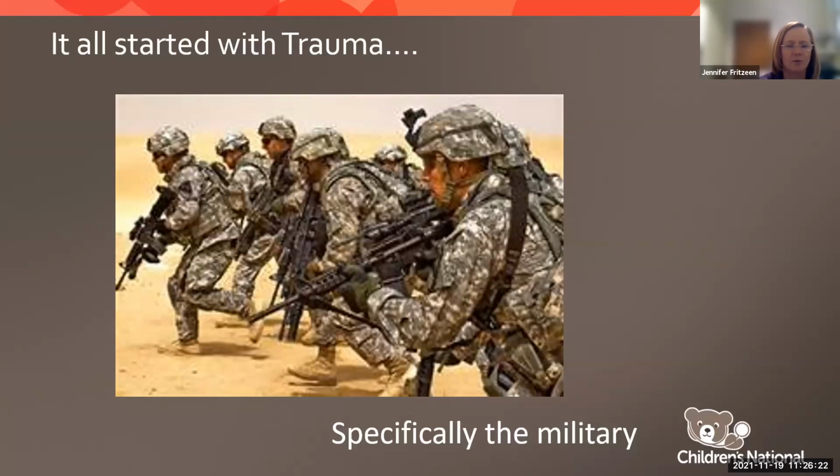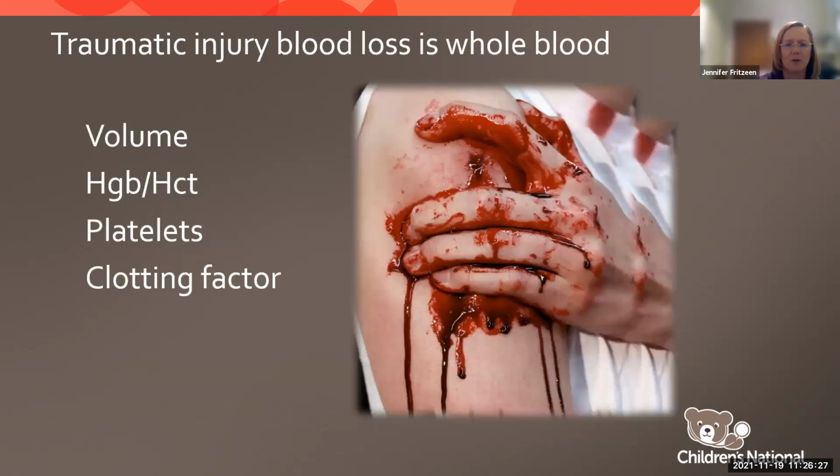And then the military started really looking at the fact that we use component therapy and how to take the components we use, meaning your red cells, your platelets, your FFP, your cryo, and how to put it back together to mimic what you get with whole blood.